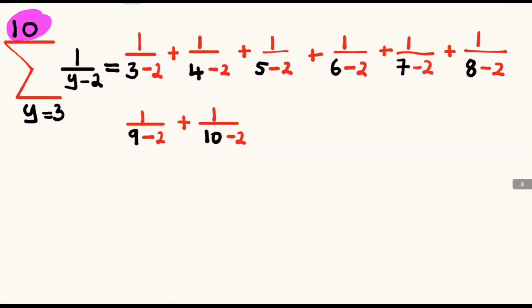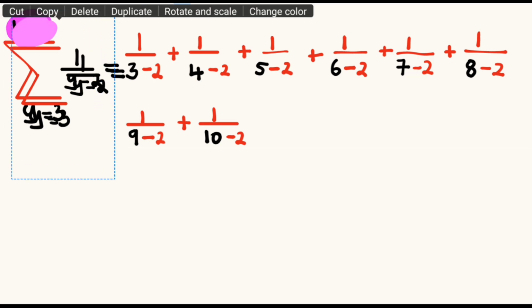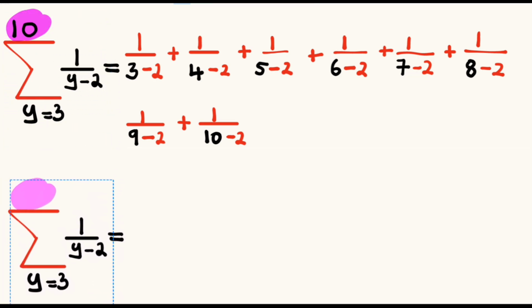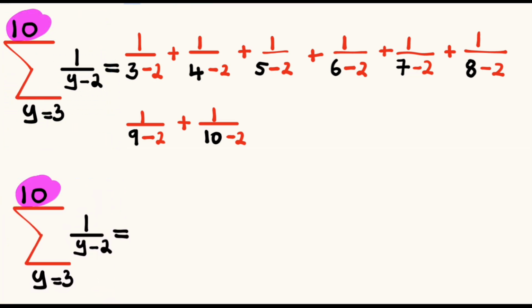And this will simplify to 1 divided by 3 minus 2, and 3 minus 2 is equal to 1.